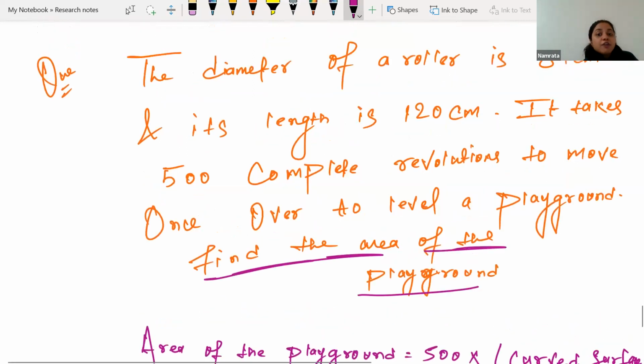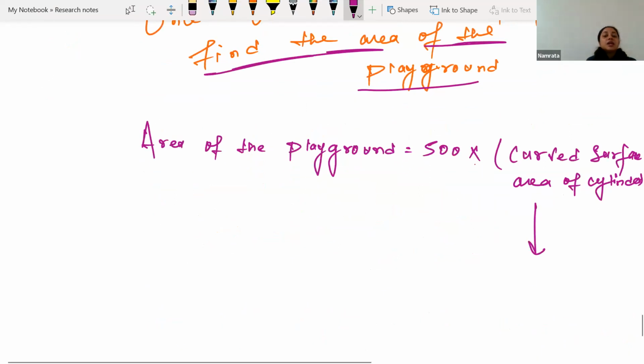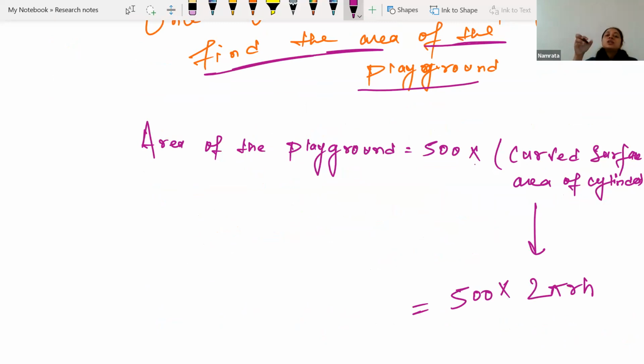What is the formula for the curved surface area of the cylinder? Again, I am repeating it. It's 2 pi rh. r, h, everything is given in the question itself. You just have to do the calculation. Why are we multiplying 500 with it? Because we are rolling that cylinder 500 times. Is it making sense to you?